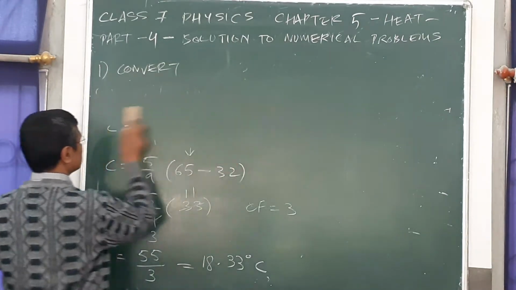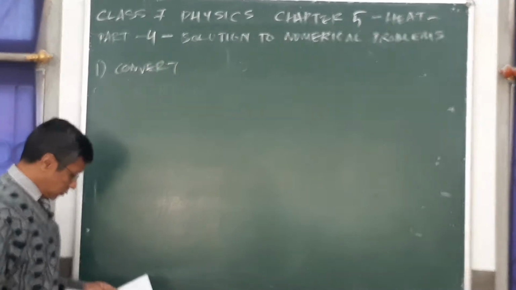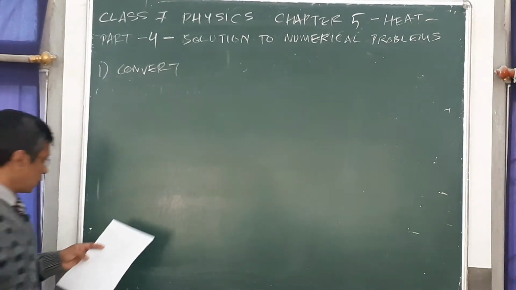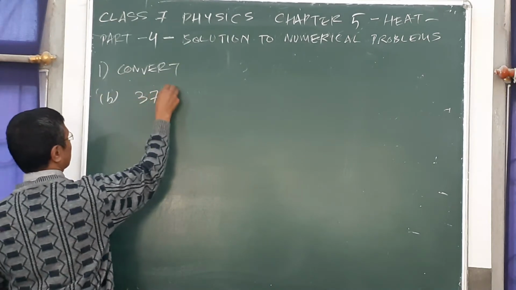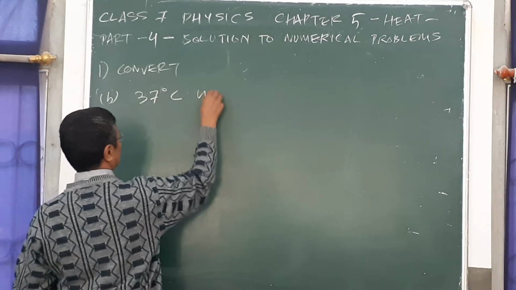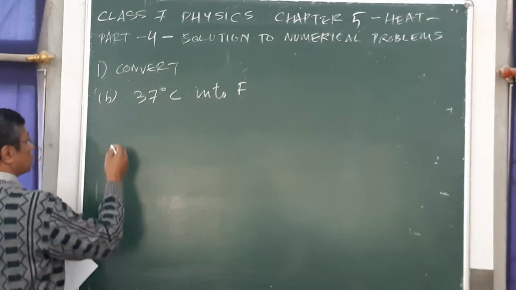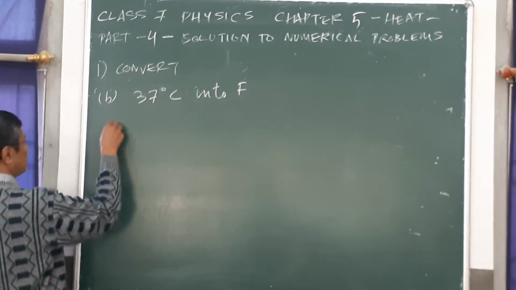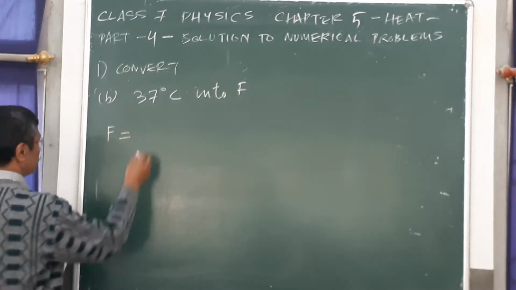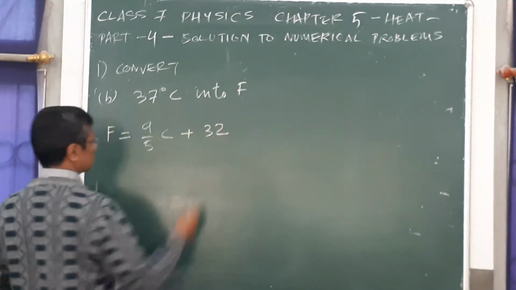The next question, we will learn how to convert from Celsius to Fahrenheit scale. So let's say we have a question in which we are trying to convert 37 degrees centigrade into Fahrenheit scale. Now to do the conversion, we need to use the formula F is equal to 9 by 5 C plus 32.